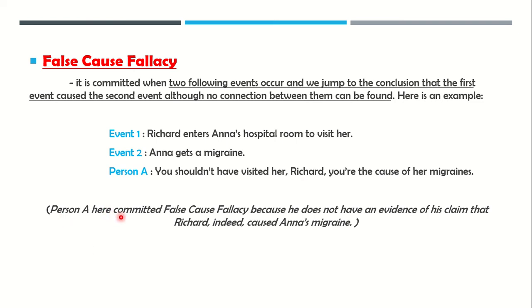Person A here committed the false cause fallacy because he does not have evidence of his claim that Richard indeed caused Anna's migraine. So we're trying to associate the cause of something from unrelated events. So bali mura siya cause and effect reasoning good, ana.